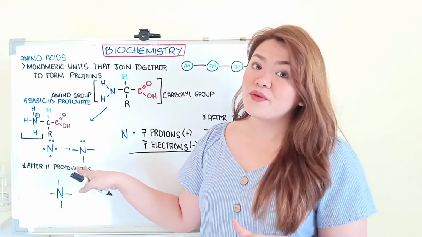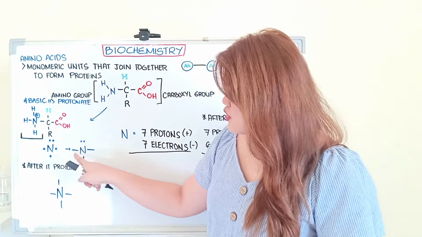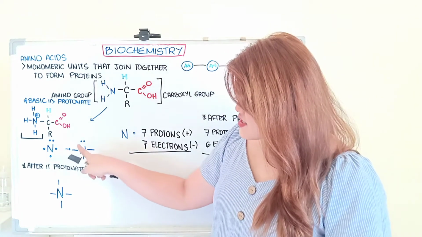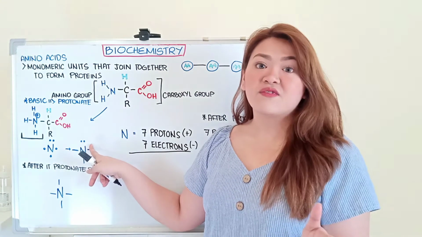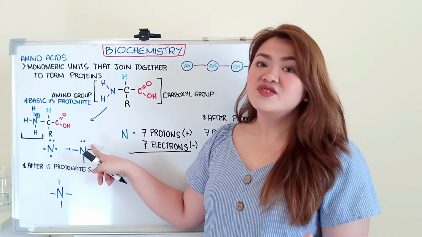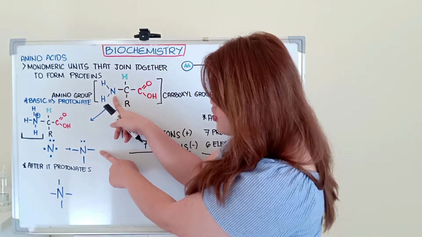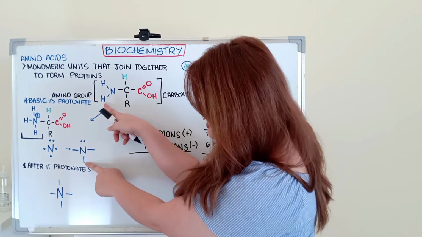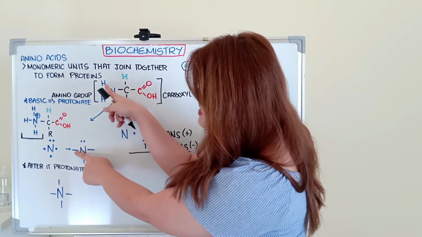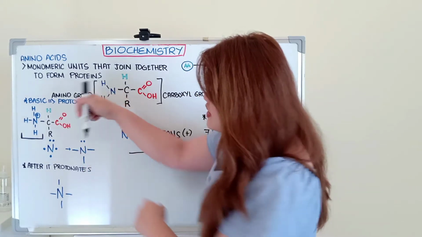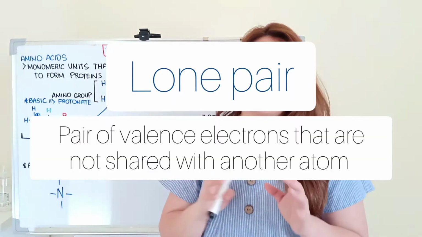Wherein after forming the 3 bonds, di ba meron tayong 2, 4, 6, 7, 8. So, satisfied si octet. So, in the general structure, ganun yung itsura niya. Yung isa nakabond kay carbon, yung isa kay hydrogen, yung isa sa another hydrogen atom, leaving a lone pair.